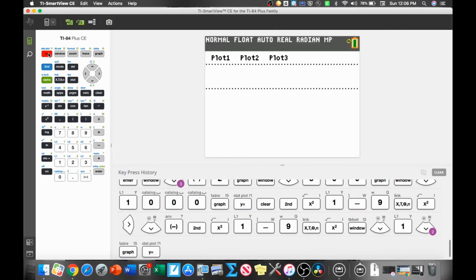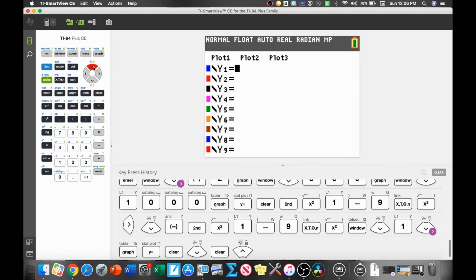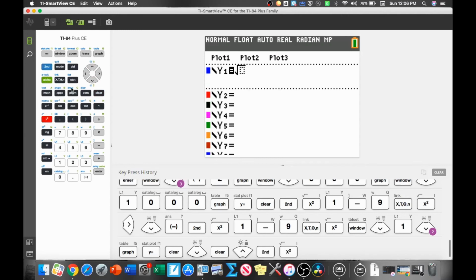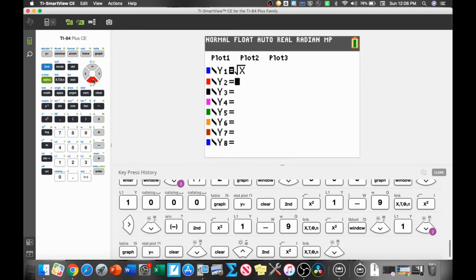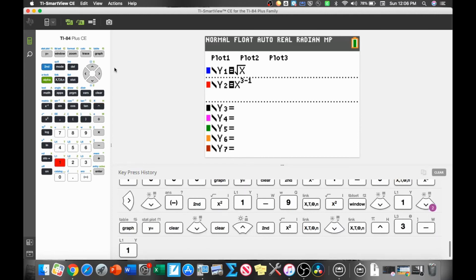We're going to go to our graphing calculator. We're going to clear out our old stuff. We're going to go to y1 and put in the square root of x, second level, square root of x. We're going to go to y2 and put in x cubed minus 1. Oops, I made a boo-boo there.